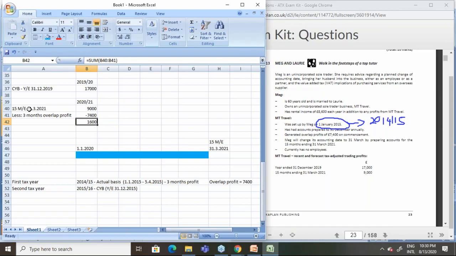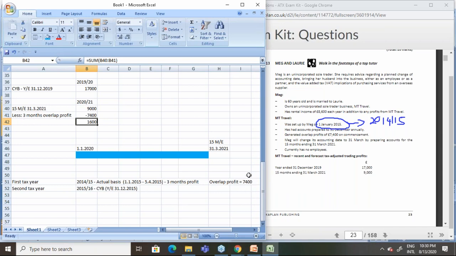You picked a later date in the tax year as your new accounting date, where you have prepared accounts of 15 months. However, the assessable period should be reduced to 12 months according to the rule. For that, you can use the overlap profits. If your overlap profits were for 6 months, then 7,400 divided by 6 multiplied by 3, because you have to bring it to 12 months.